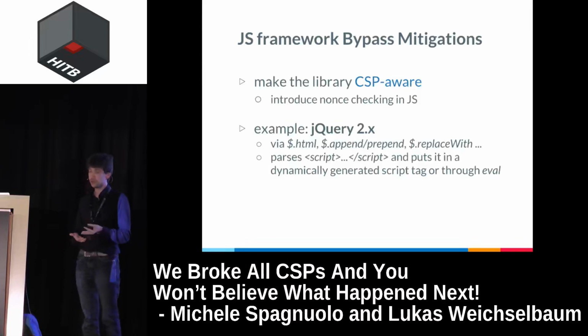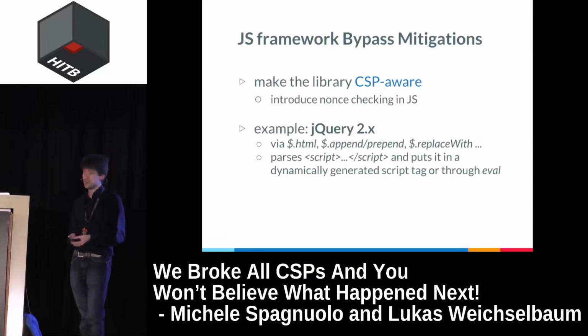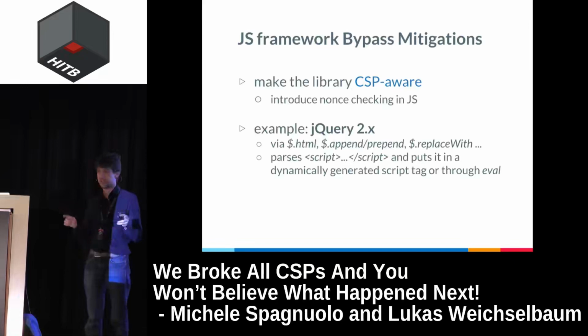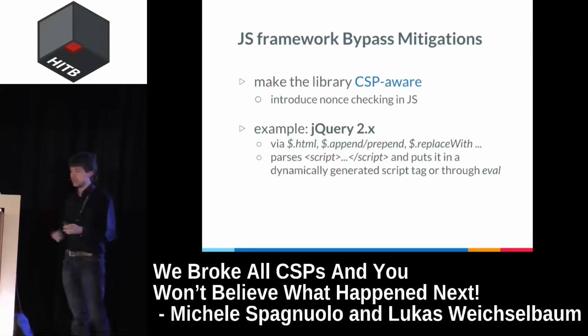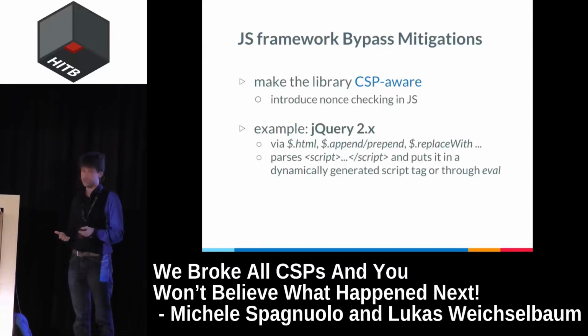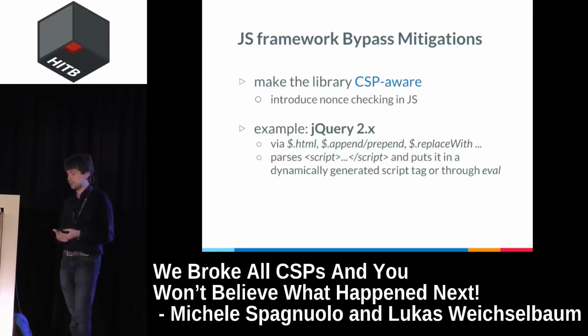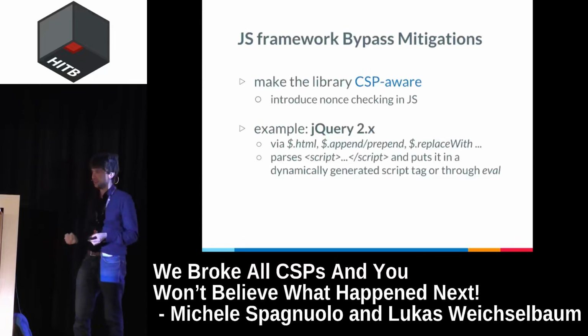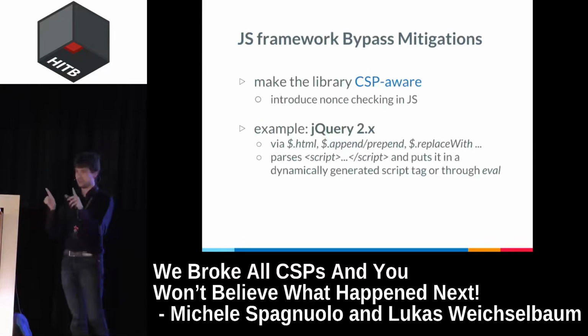So jQuery's authors wanted to make developers' lives as easy as possible. They said, well, if the developer is adding a script tag, so they're doing .html script alert(1) script, they probably want the script to execute. So what I do instead, I will not use innerHTML, but I will createElement script. I will add .text of the parsed JavaScript, and then I will append it to the body, or I will eval it directly.